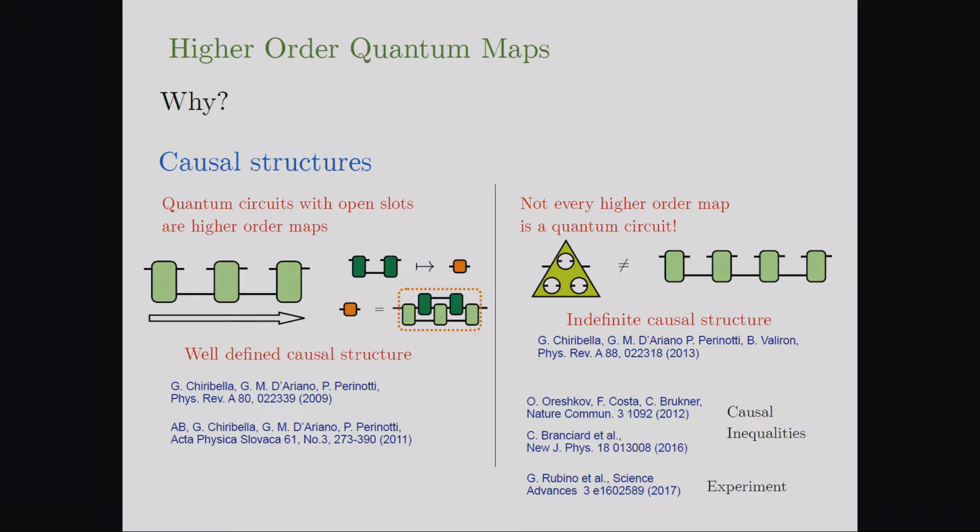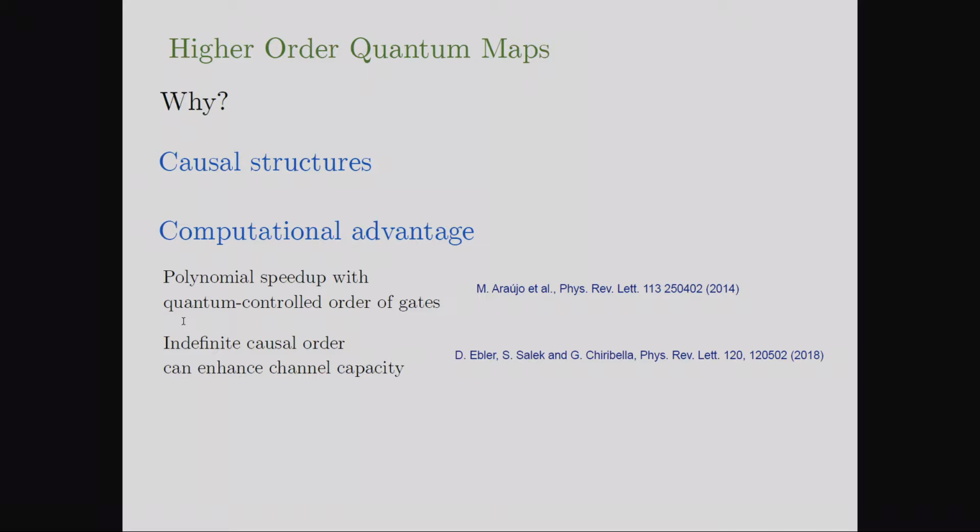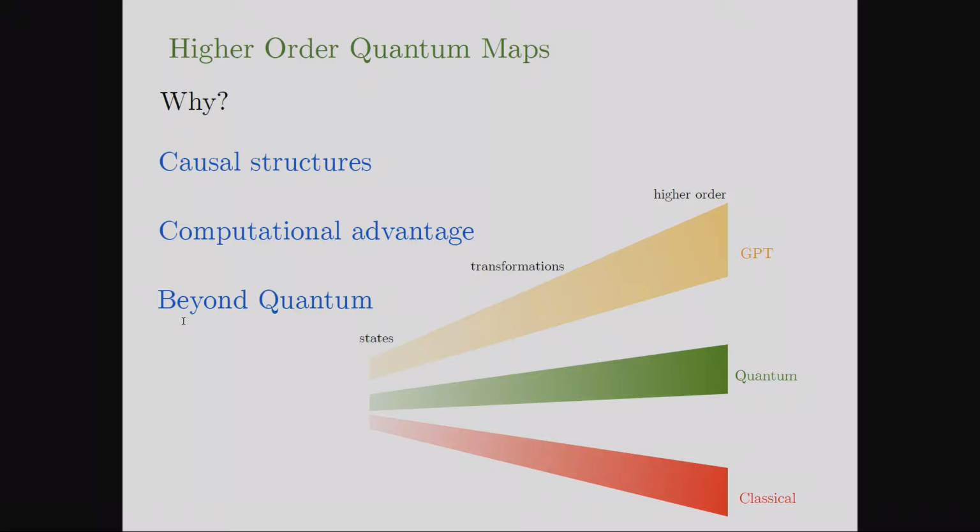They've been studied quite intensively recently, and there are also some claims of experimental realization of that. And moreover, it was also recently proved that if you had access to these higher order maps, you may have some gain, and you may improve the performance of some quantum information processing protocols. For example, you can enhance channel capacity. And finally, from a foundational standpoint, you may study this extension of quantum theory.